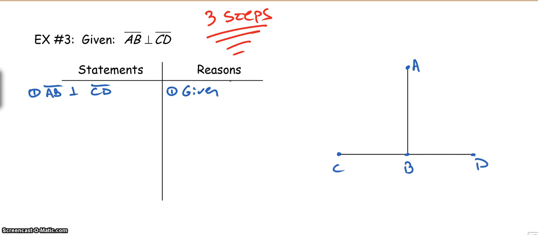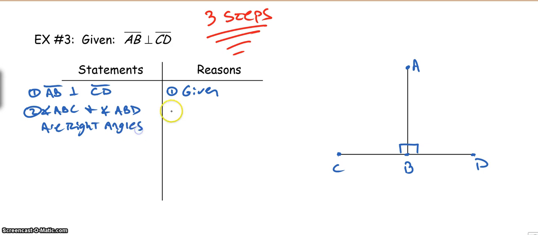Okay, now, what does it mean to be perpendicular? We got to ask ourselves, what does it mean to be perpendicular? And right away, we should know that if it's perpendicular, we have 90-degree angles. They cross at 90-degree angles. Alright, so we're going to say angle ABC and angle ABD are right angles.